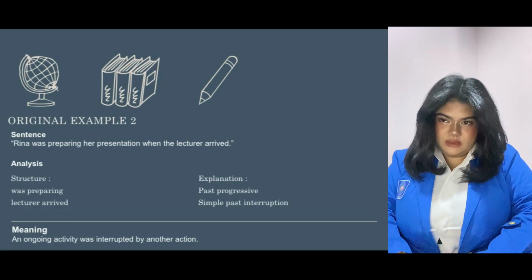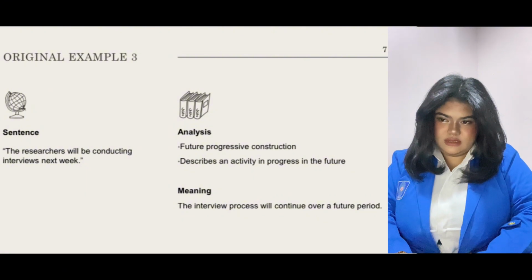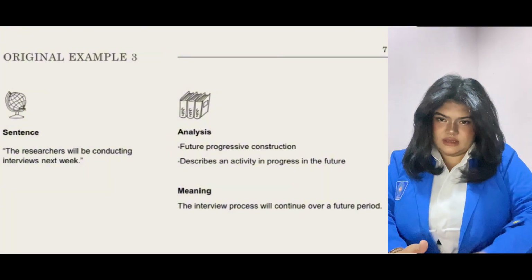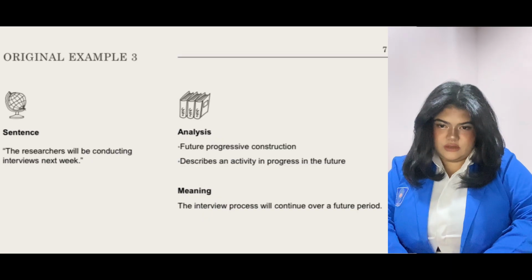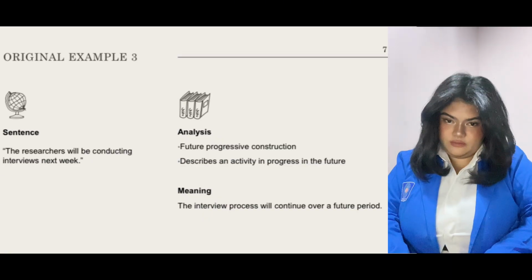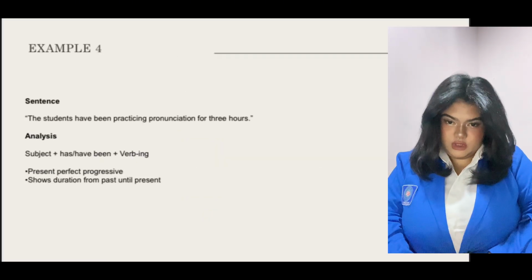Next, example 3 is the sentence: the researchers will be conducting interviews next week. For the analysis, the future progressive construction describes an activity in progress in the future. The meaning is the interview process will continue over a future period.